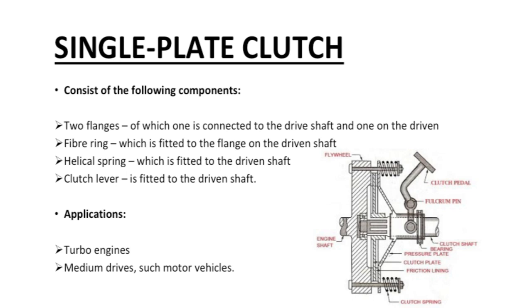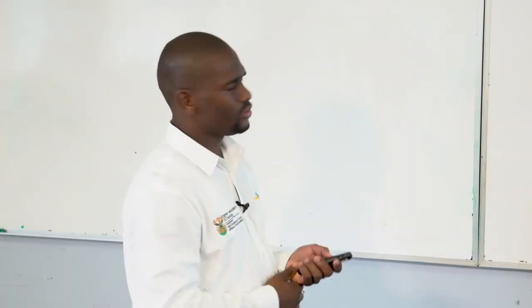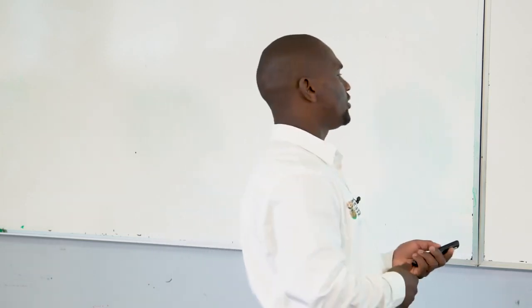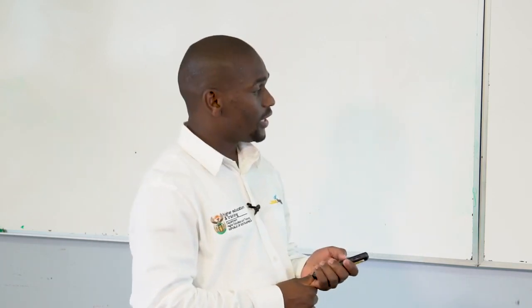Then we have a clutch lever that is fitted to the driven shaft. So these are the components of the single plate clutch. Where do we use or find this type of clutch? We find it on turbo engines as well as medium drives such as motor vehicles.